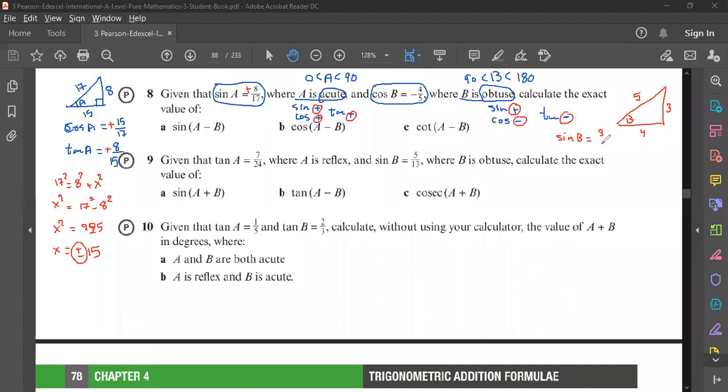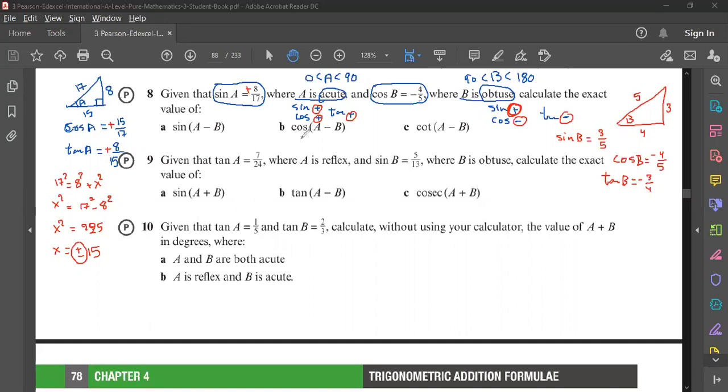Is it positive or negative? Positive. What is cosine B? 4 over 5 and negative. Negative 4 over 5. That's given in the question, see how? What is tan B? 3 over 4, and it's negative too. Negative 3 over 4. Excellent. Now we are ready to solve the question.